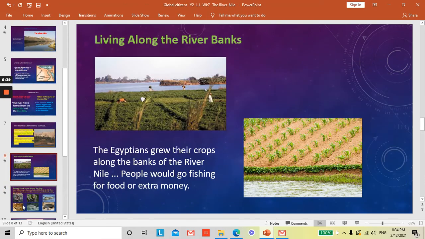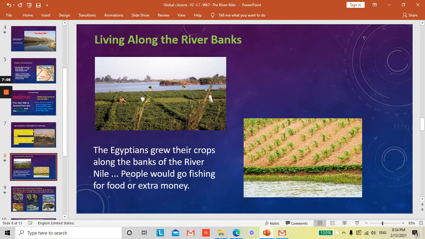Let's move ahead. Here we have some pictures of living along the river banks. Egyptians grew their crops along the banks of the River Nile.